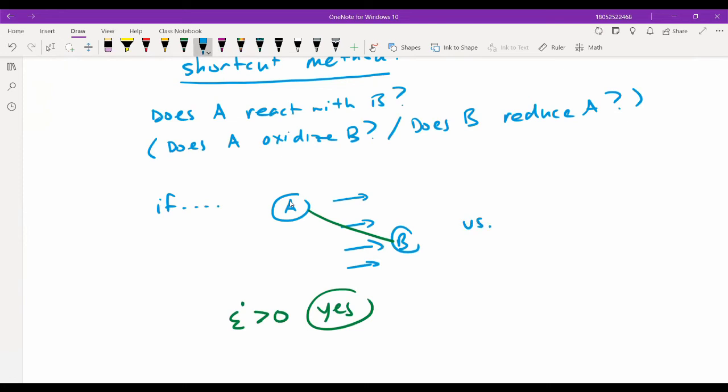That's in contrast with a case where the species A is a weaker oxidizing agent, and B is also a weaker reducing agent. So it's something like this, right? And then when you connect them, it's uphill. This is where I think about gravity and spontaneity. Like A going to B, the ball will roll down the hill, but A going to B this way is not spontaneous. So the potential is going to be negative, and it's going to be no.